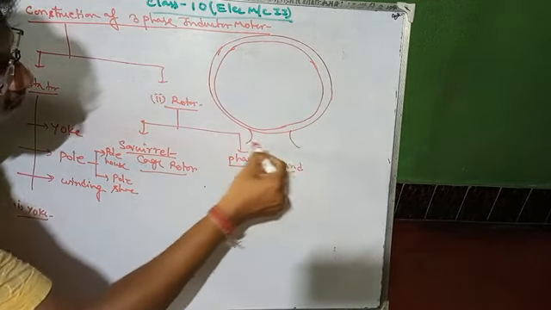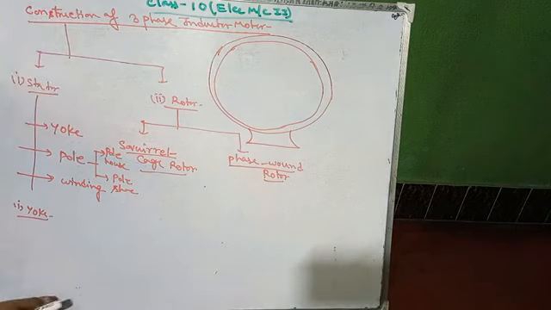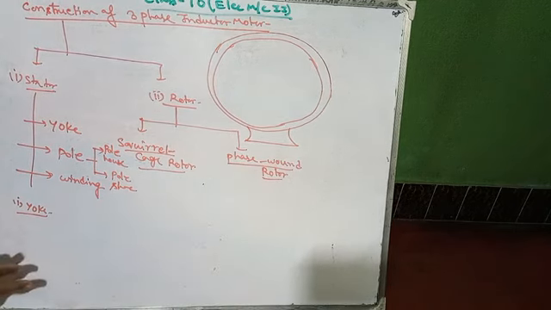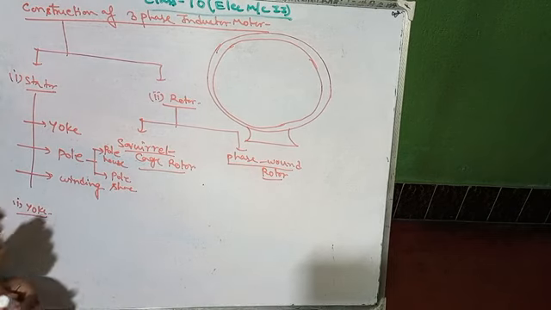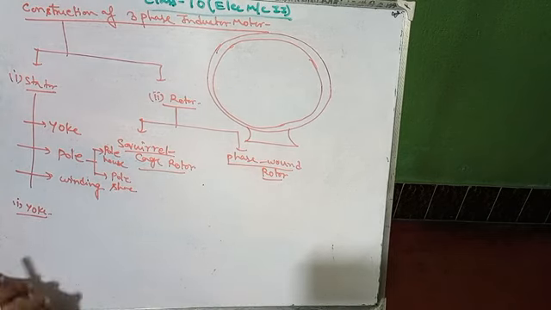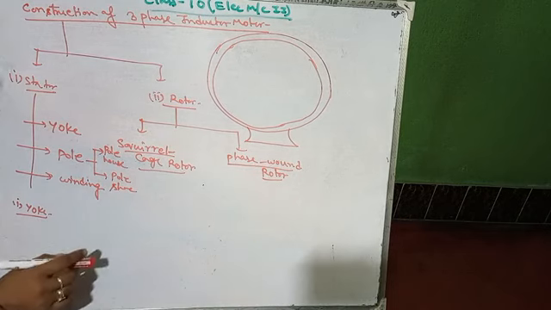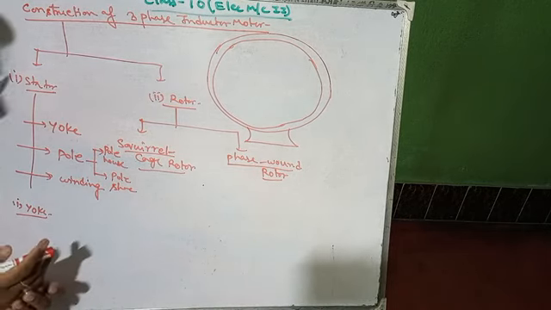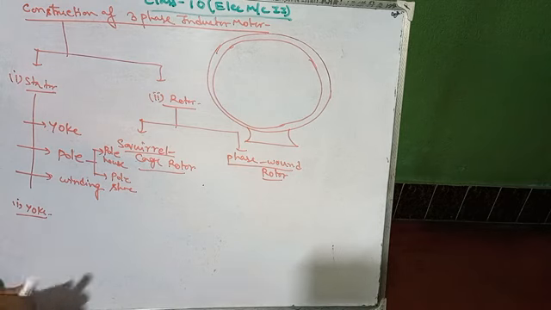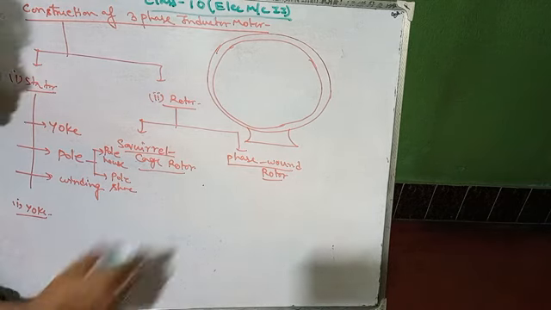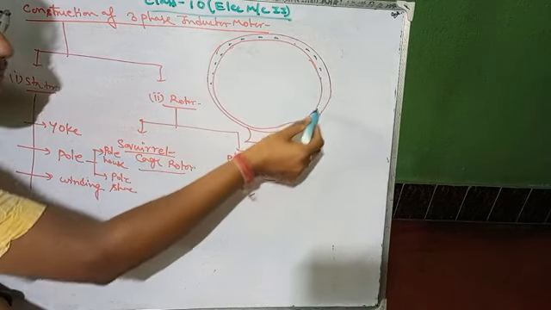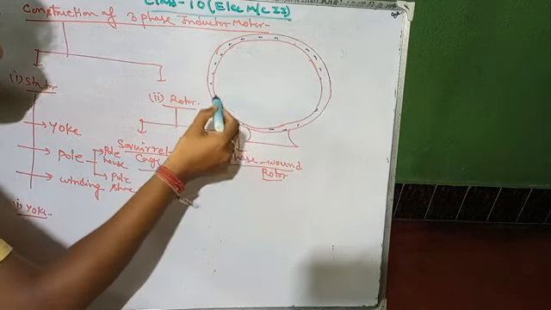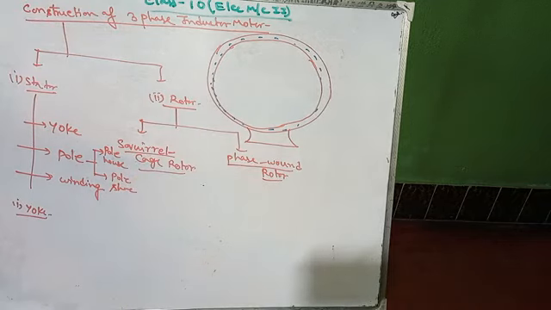This is your yoke. That protects from external damage as well as provides a path. This is the most important point of yoke: it provides a magnetic flux path through it. That is, the magnetic flux can easily flow through this path.